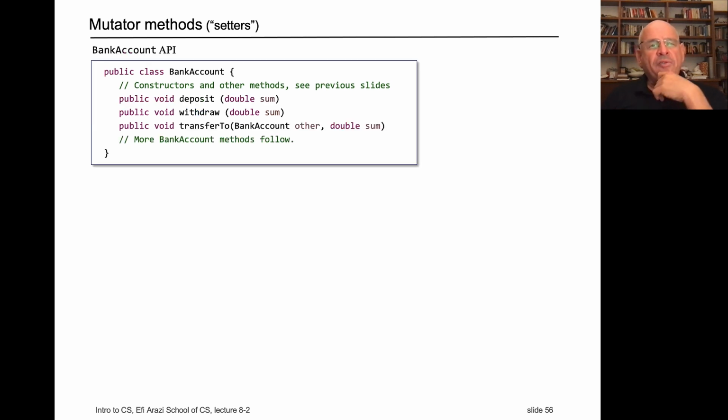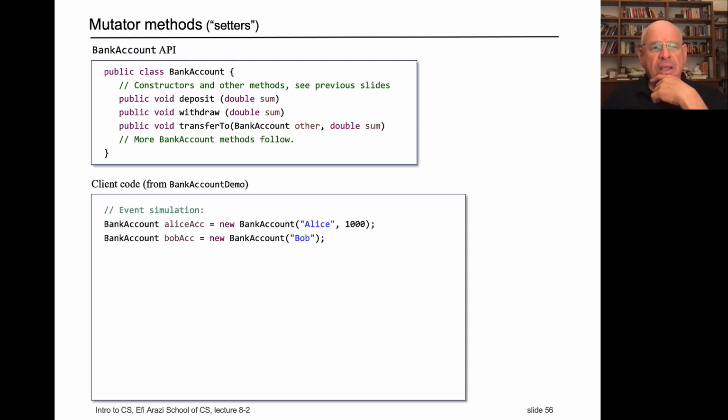All right, so far, here is the condensed API, API המתומצת. We have a class called bank account. We have constructors. We have deposit, withdraw, and transfer. And let's start to use it. So Alice creates a bank account, and so does Bob.